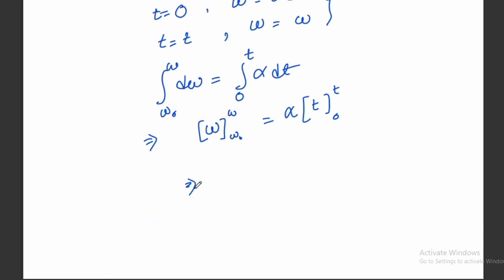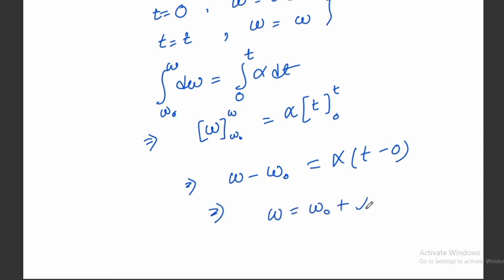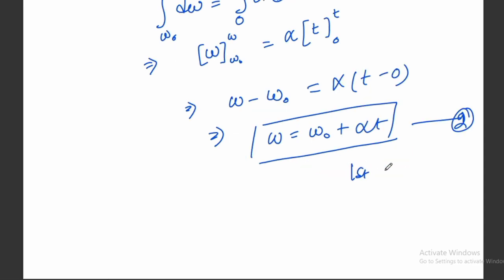Now if we put the limits, we will get final minus initial equals alpha t minus 0. So we will get omega equals omega naught plus alpha t. So this is our first equation of rotational motion.